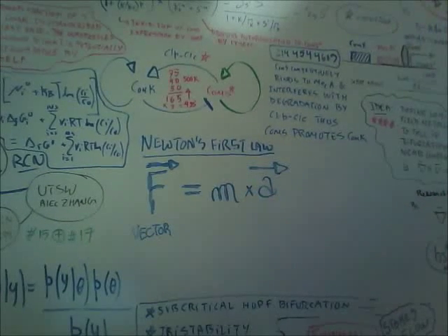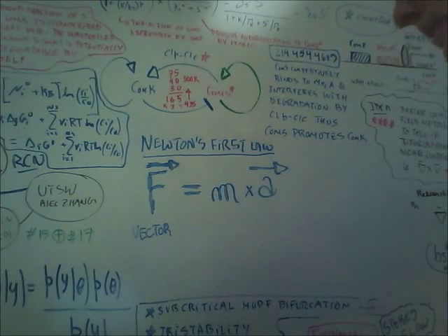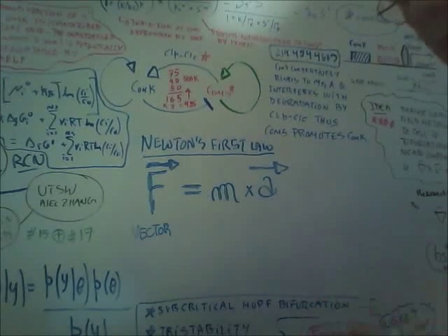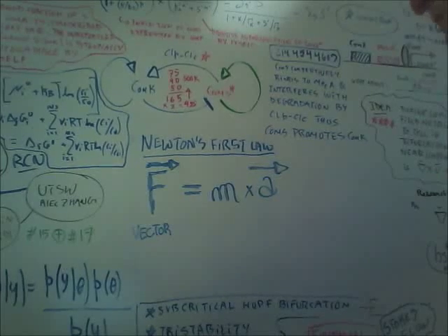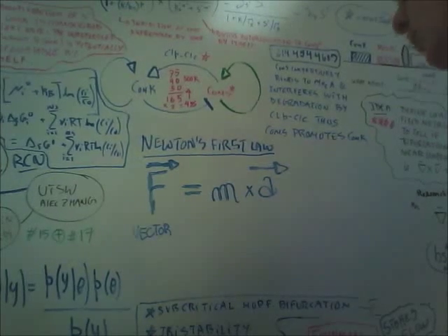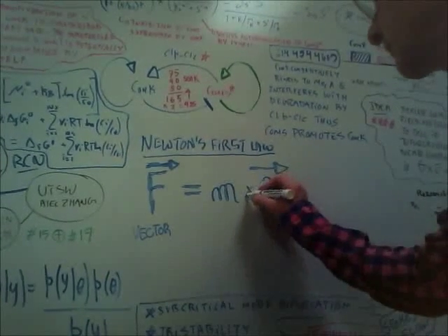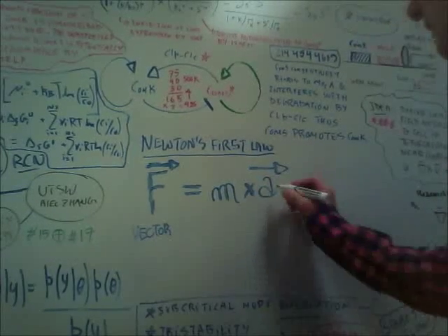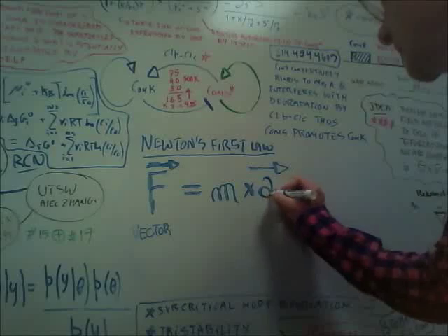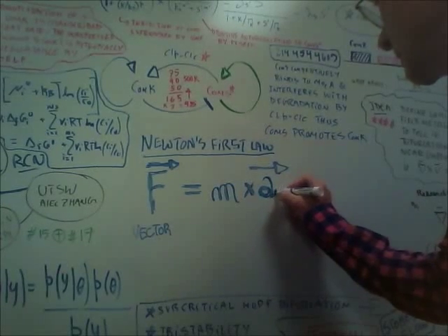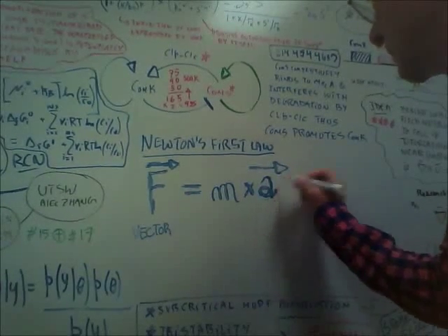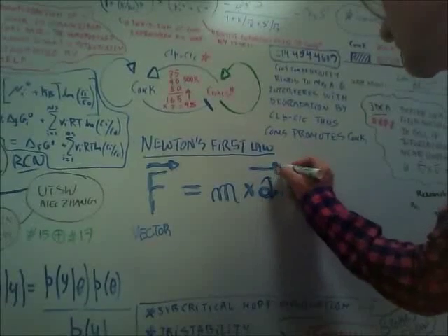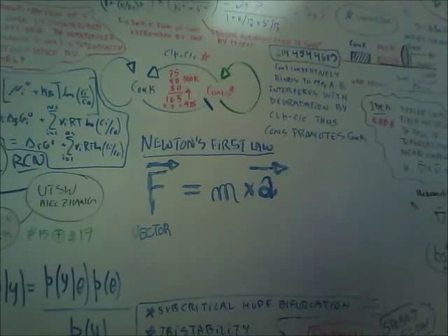M, which stands for the mass of an object, as if the mass was all concentrated at the same point, the point mass of an object, we call it, times, and here's A, the symbol A, which also has a little arrow above it.